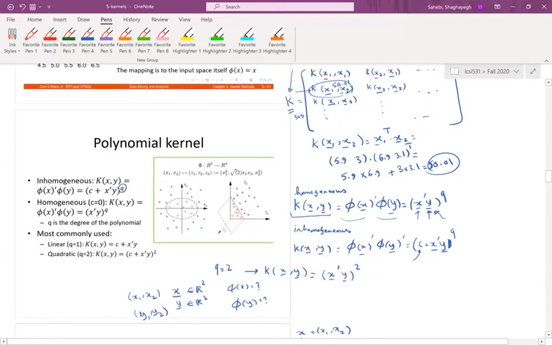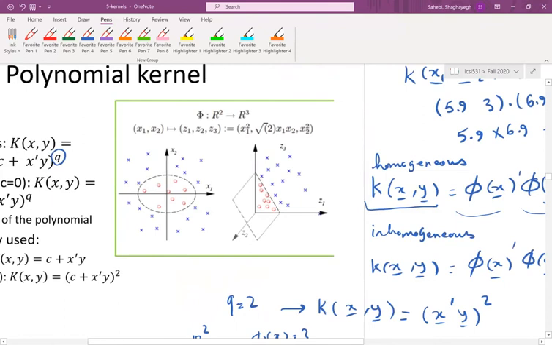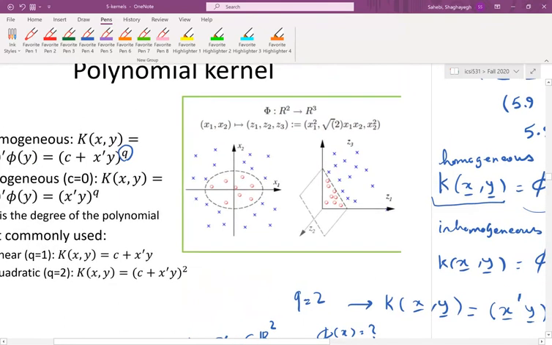Now, looking at an example of it, we can see it here. So our original two-dimensional space here has x1 and x2, and then we have these points represented in x1 and x2 space. And again, suppose that we have two classes, we can separate them with this curve.